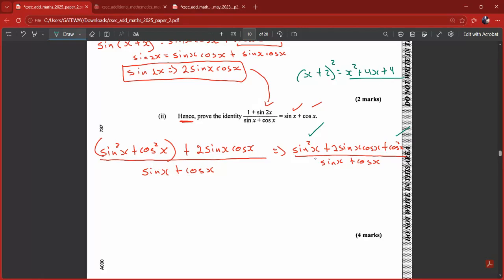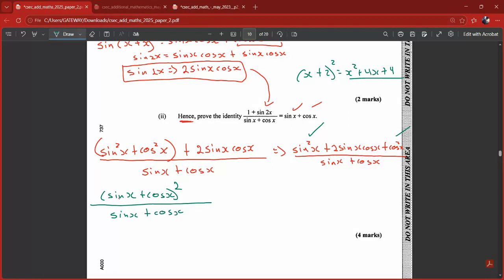So similarly, this can be written as sine x plus cosine x squared, because that is the top, all over sine x plus cosine x.